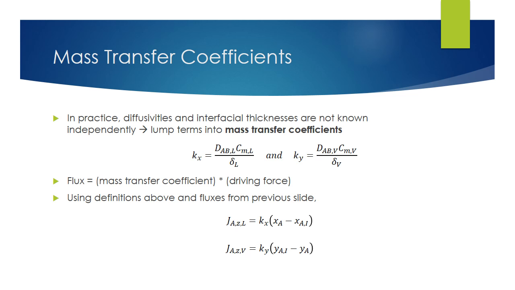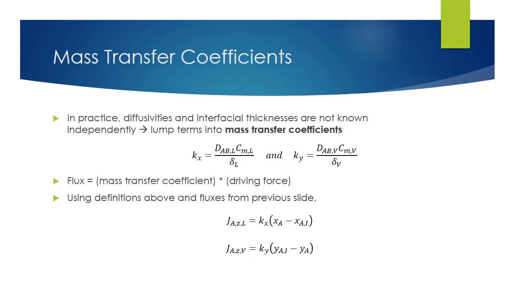Now, what good does that do us? Well, we're going to first of all admit that we don't actually know the thickness of that interface. It's conceptually helpful to think of it as being what it looks like, but we don't actually know what it is. So we're first going to define mass transfer coefficients. So a mass transfer coefficient is going to allow us to write flux in terms of a driving force multiplied by that mass transfer coefficient.